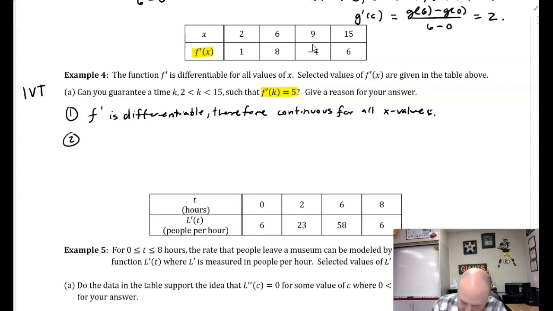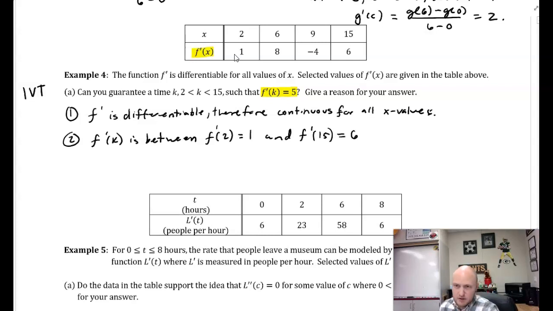Number 2, I need to show that f prime of k is between my interval values, between f prime of 2, be careful for notation, which is 1, f prime of 2 is 1, and f prime of 15, which is equal to 6.